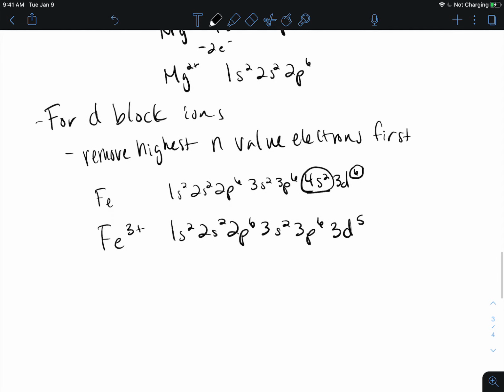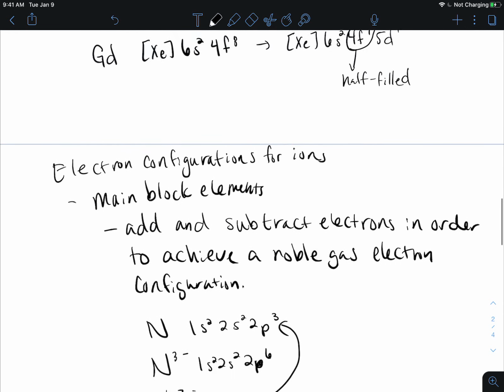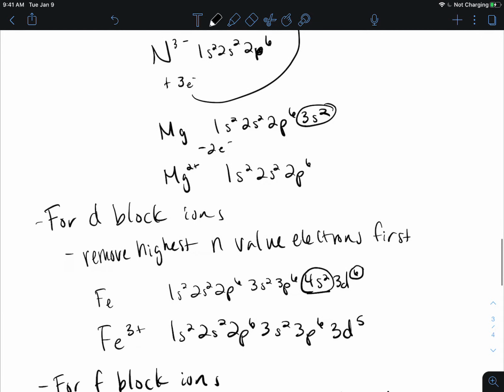F block. We're going to remove s electrons first, then d electrons, then f electrons. So let's take our gadolinium, for instance.